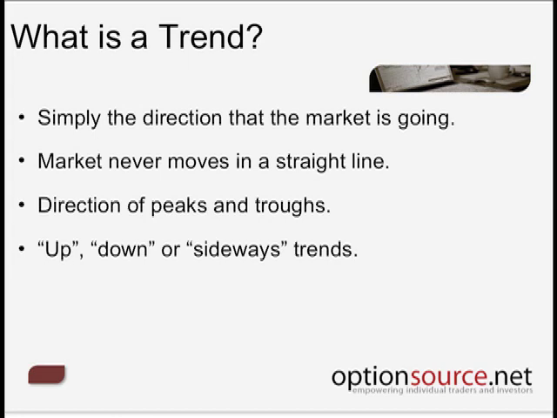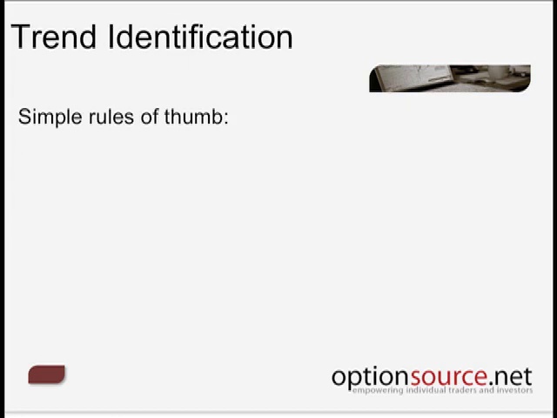So we can take a quick look at a price chart, identify what the overall trend characteristics are, and then determine what the most appropriate option strategy might be. A picture is truly worth 1,000 words, and we're able to generate a lot of information off of just one quick analysis of a price chart.